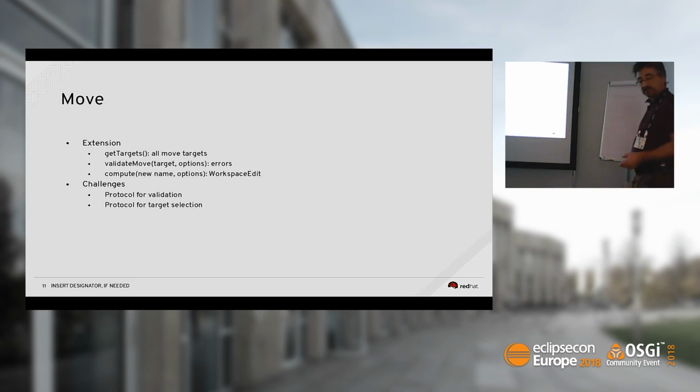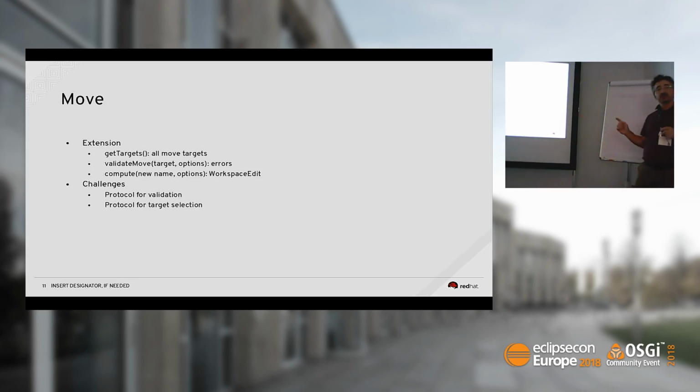Next thing is actually move. This is very similar. It also has an initial step, where we need to know where we can move a type to, for example, or where we can move a package to. We need to validate when we edit something in the dialog, and the last thing is again the compute. And the good thing is that we can get a workspace edit back as well.